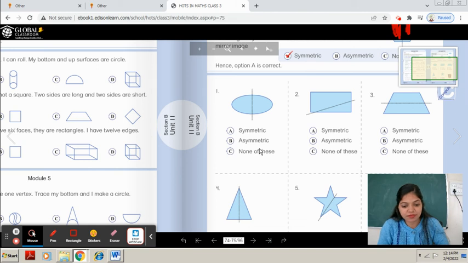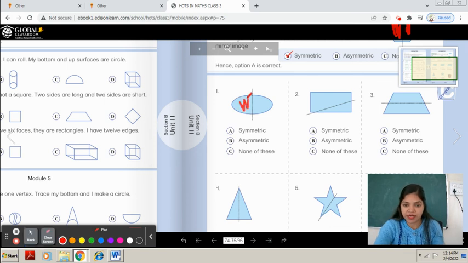Yes, very good students, option A is the right option, because you can see one half means this part, one half completely covers the other. When you fold it, you will observe that one half completely covers the other half. So this is the example of a symmetrical shape. Option A is the right option.